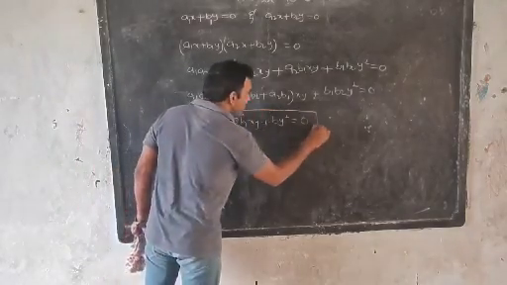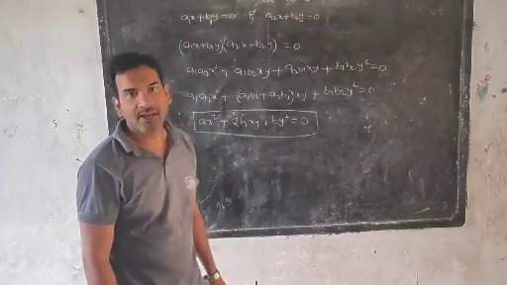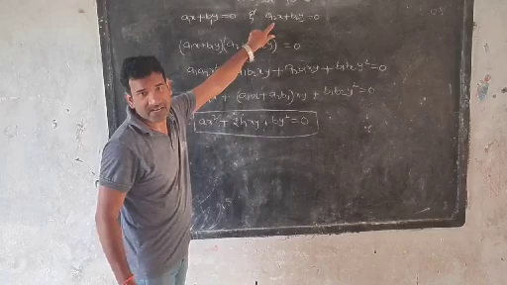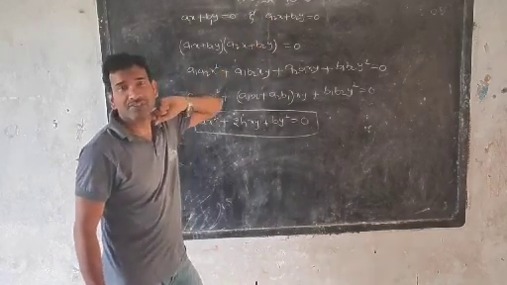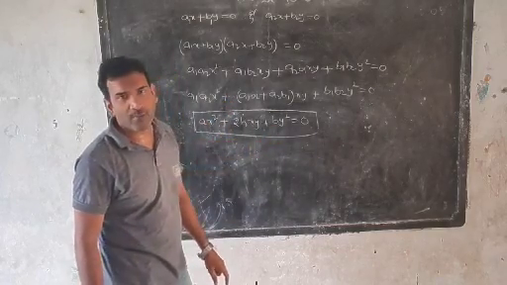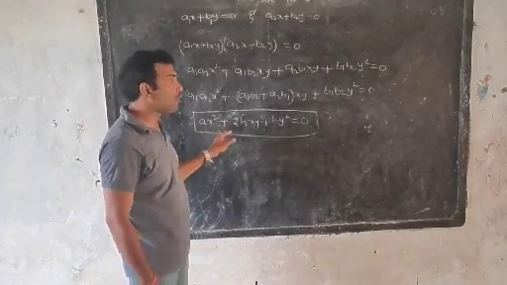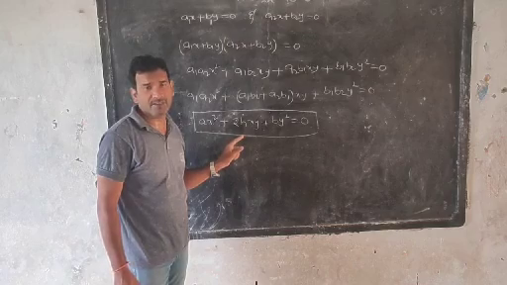Now this is the standard form of pair of straight lines which represents the straight lines which are passing through the origin. This is the standard form of pair of straight lines. It is a homogeneous equation.